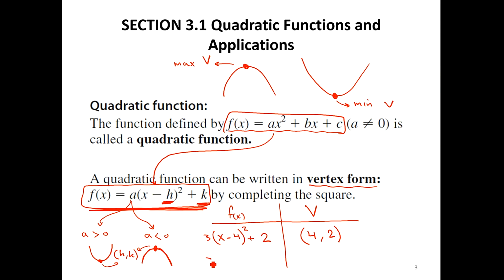If we have 3x square minus, for example, 5, the h equals 0 and the k equals negative 5. Okay, this is the vertex of the quadratic form. Any question?